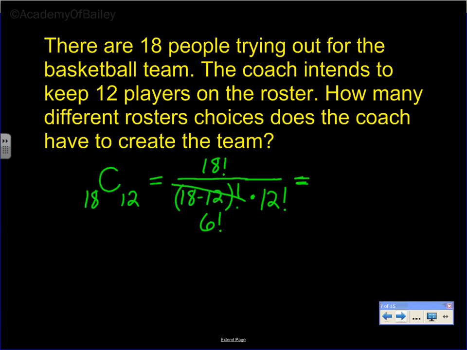Okay. 18 factorial is going to be 18 times 17 times 16, 15, 14, 13 and 12 factorial.